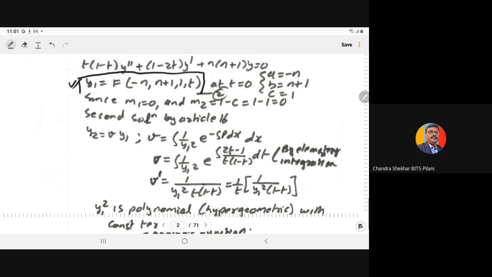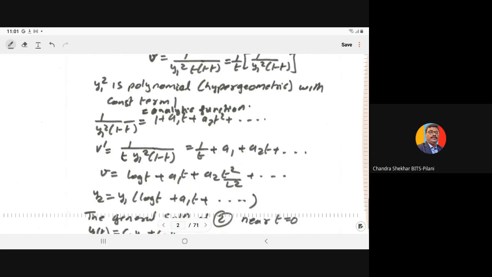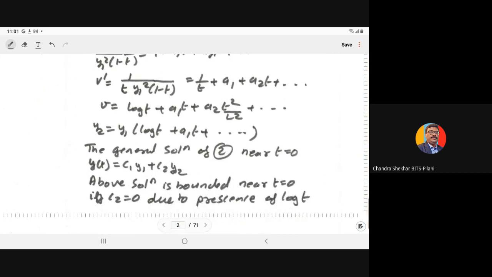Then after, we have seen that the second linearly independent solution we can compute through the article 16, but there we have one problem that the general solution will exist only when the C2 is equal to 0 due to the presence of the log t.